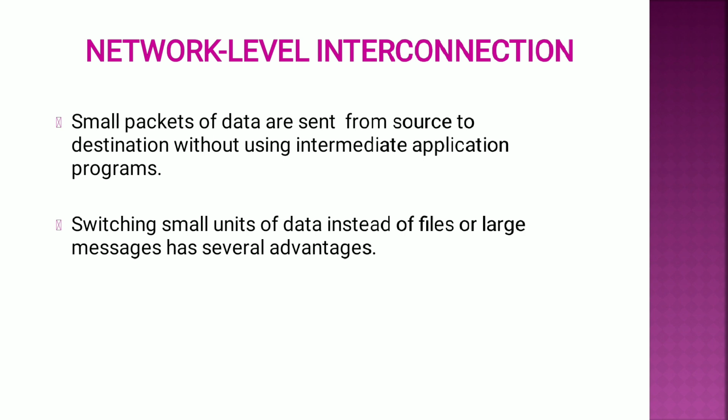The alternative to providing interconnection with application level programs is a system based on network level interconnection. It provides a mechanism that delivers small packets of data from their original source to their destination without using intermediate application programs.